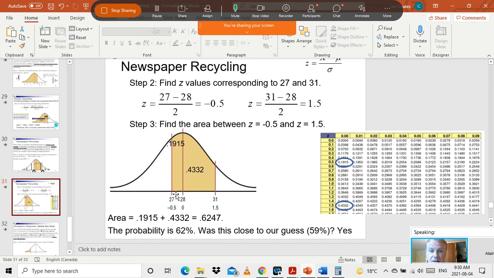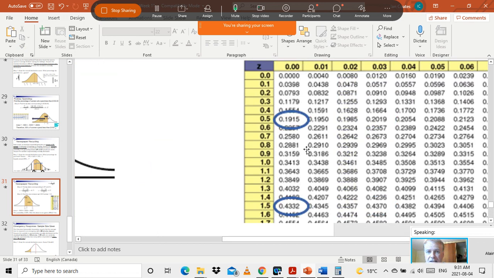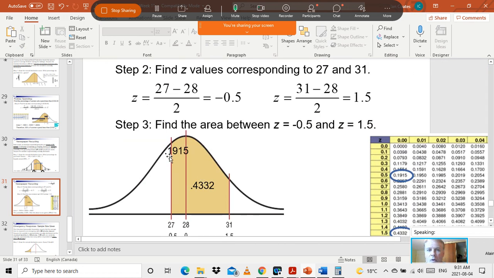Negative 0.5: there's no negatives on the table, we're just looking for the absolute value, so I got 0.1915. That's the probability for this area, 19%.